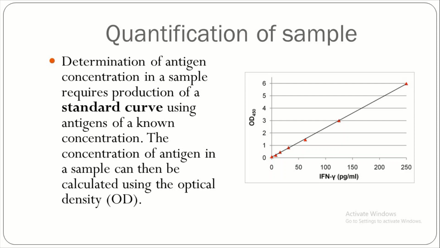Based on the optical density received for each concentration, I will make a dot, and I will end up with a standard curve. After this, I will take the unknown sample's optical density, apply it to this standard curve, and get the unknown concentration. This is how people quantify the sample.